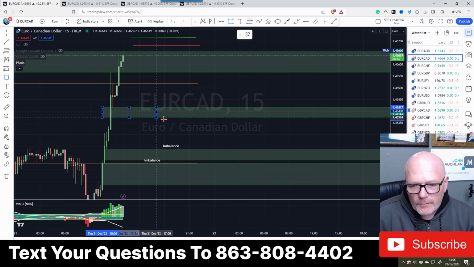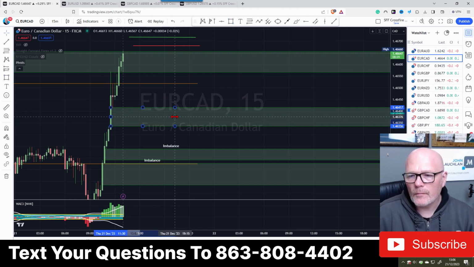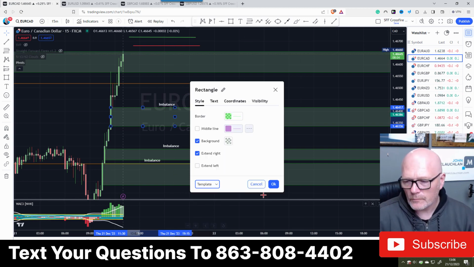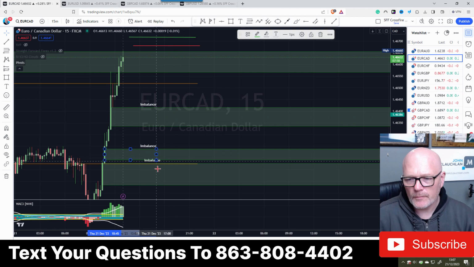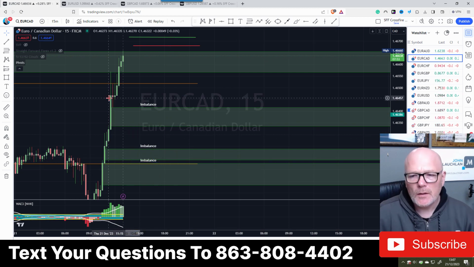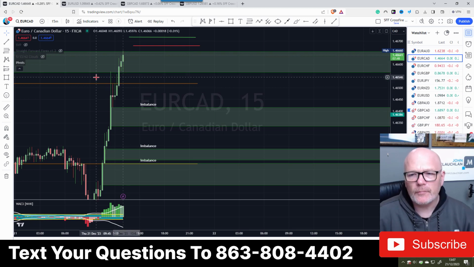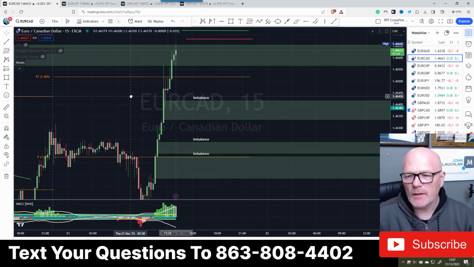Imbalance from here. Put them in a nice little straight line. What else we got? Any imbalance up here? No, that's it for now. See how it's just pipped up, or the wick's gone up, just taking that imbalance out.